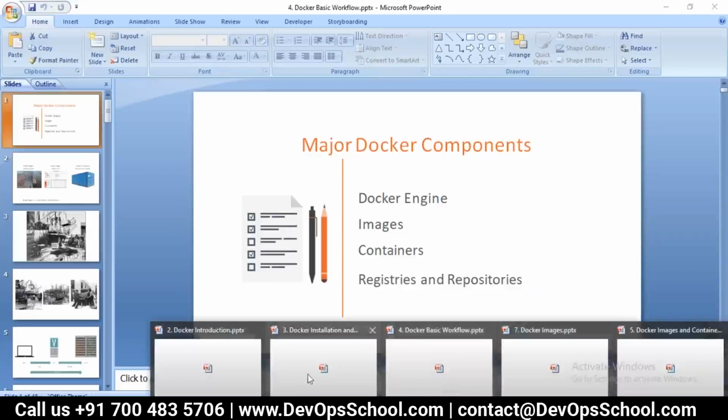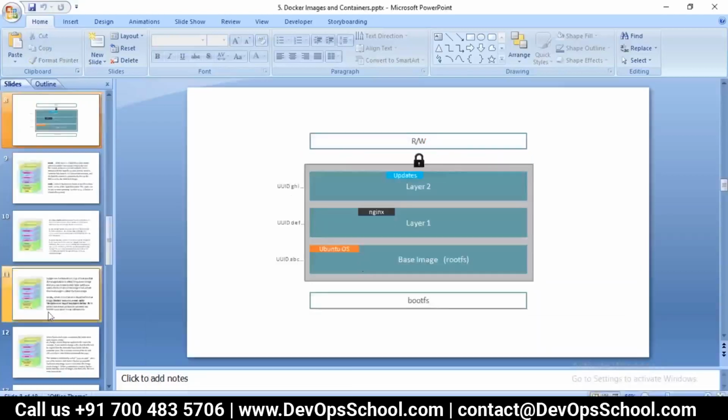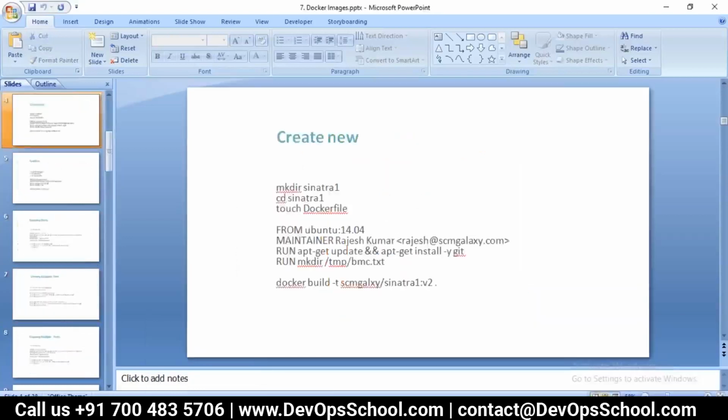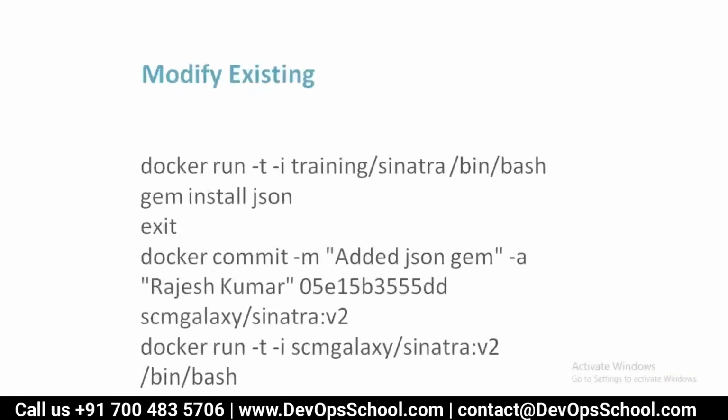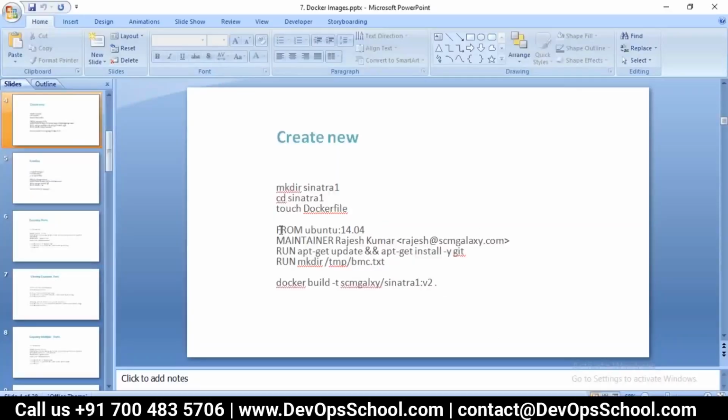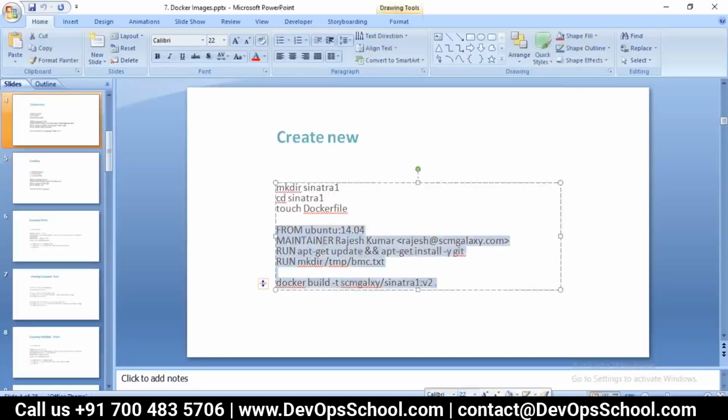I'm skipping a lot of discussion because I believe it is not needed for the time being, because of this crash course. But if you practice it, it's not very difficult. So here, modifying the existing image I just showed you, you have to have a Dockerfile. So what I do, I just copy this stuff.